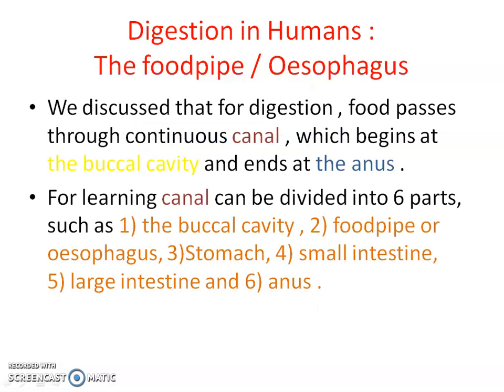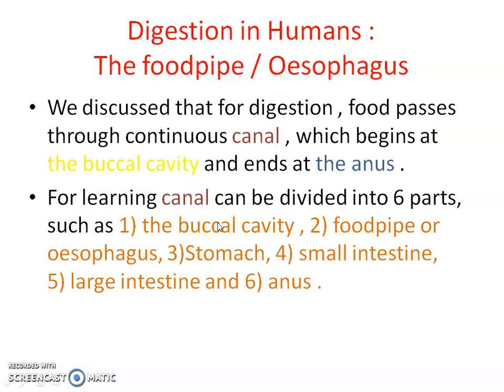In our previous part 2, we learned digestion in humans through a diagram. Through that diagram we understood that there are six parts of digestion in humans.